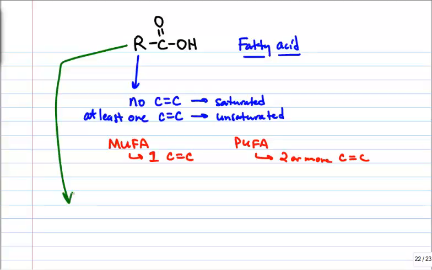Now, there's another important feature about fatty acids. In ones that are naturally occurring, the carbon-carbon double bonds are cis, and we have talked about cis and trans isomers around carbon-carbon double bonds before. So naturally occurring fatty acids in animals are cis.